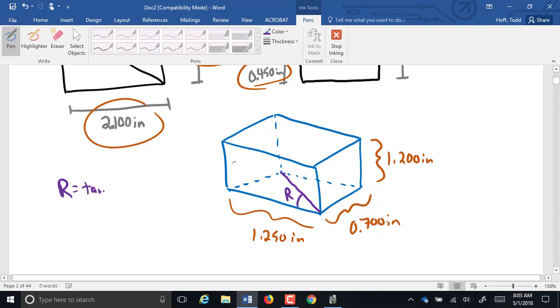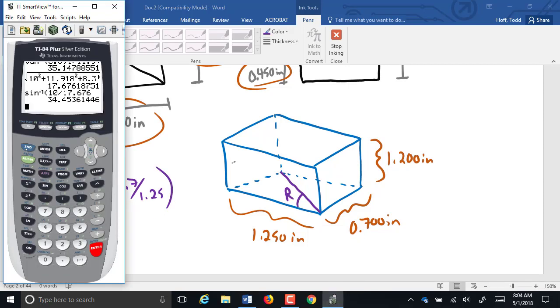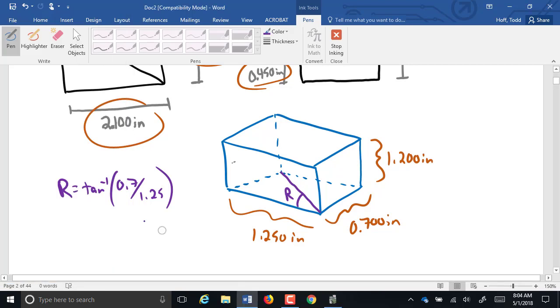R is going to equal the inverse tangent of, perfect, 29.25 degrees is my rotation.